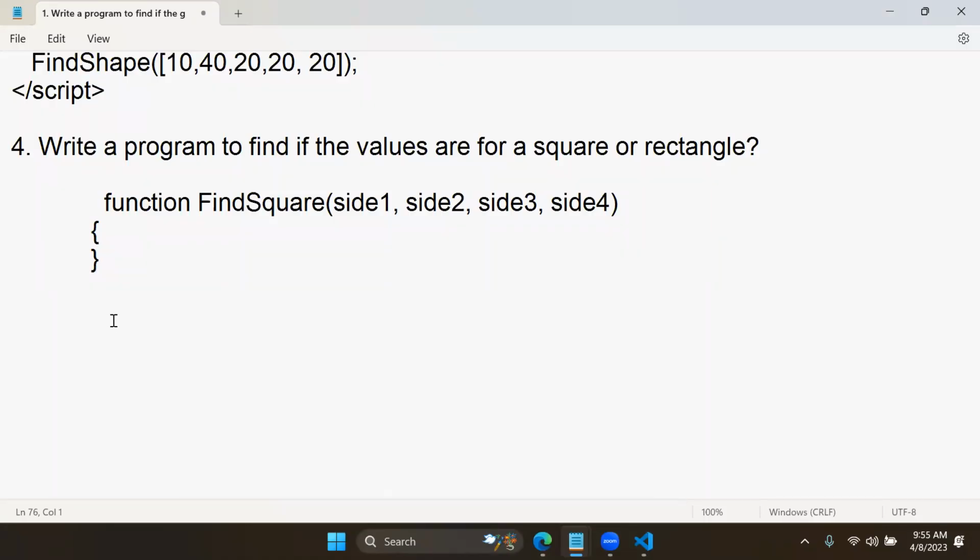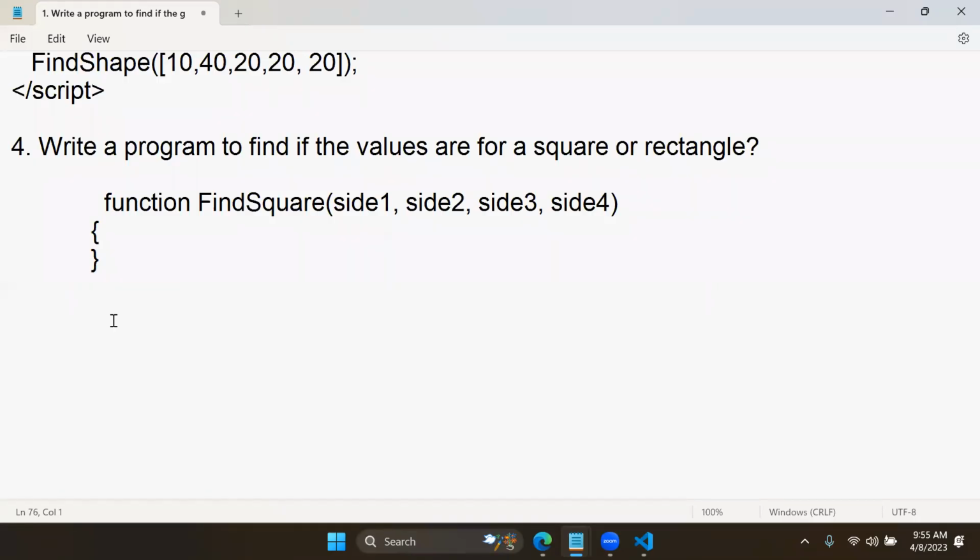You are not writing the logic correctly. I'll tell you. What is this at all? This is not an expression, right? Here, what you are verifying, is it equal?